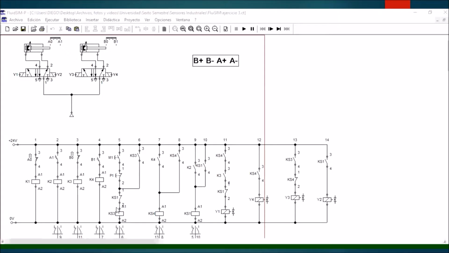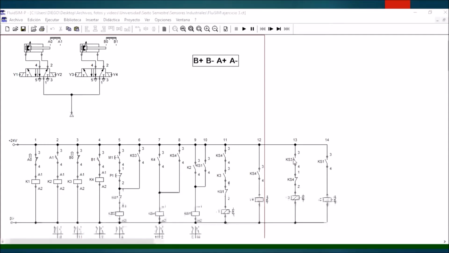For the next group, we have a new relay. When this relay's circuit is energized, this switch closes and energizes this circuit.